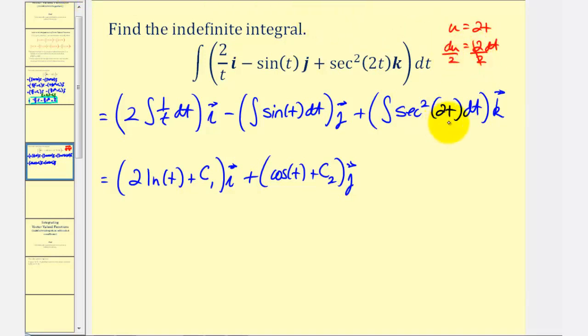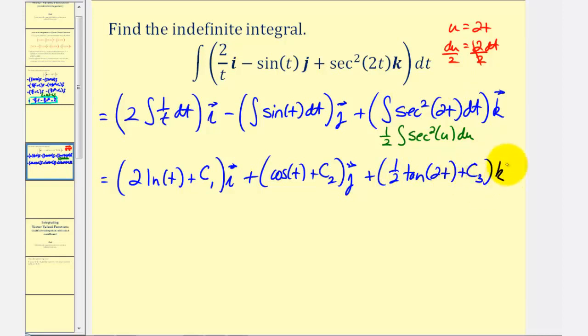So if we wrote this in terms of u, we would have 1/2 the integral of secant squared u du. And since the integral of secant squared u is equal to tangent u, we'll have plus 1/2 tangent, instead of u, 2t, plus c sub 3 times k.